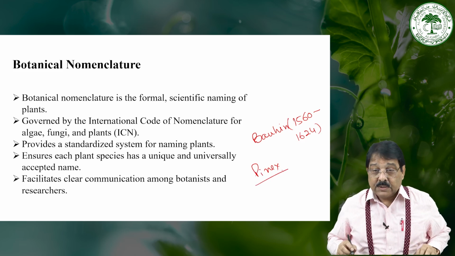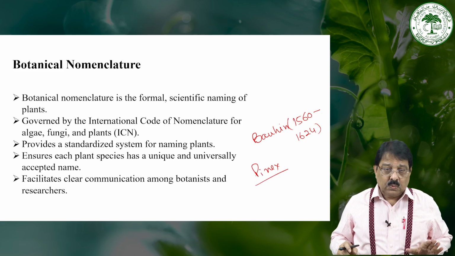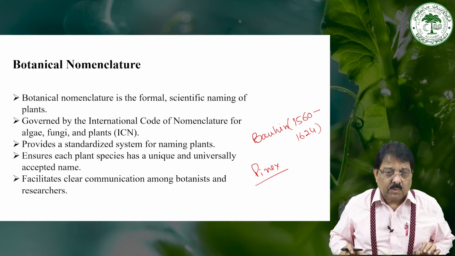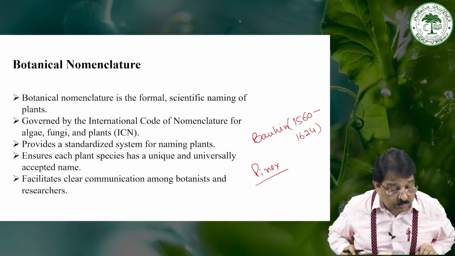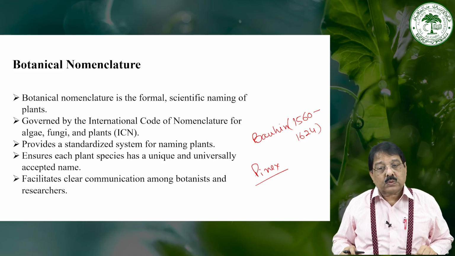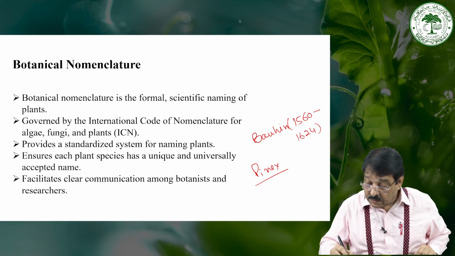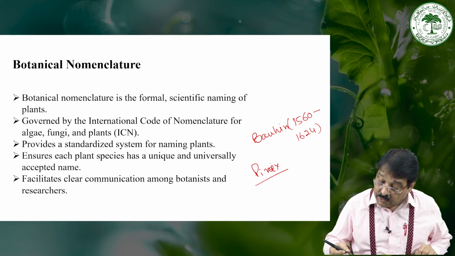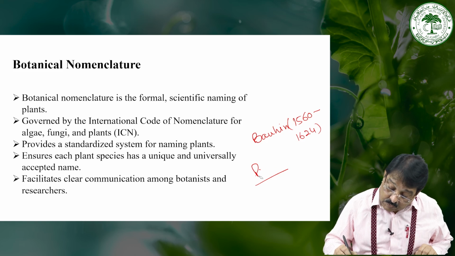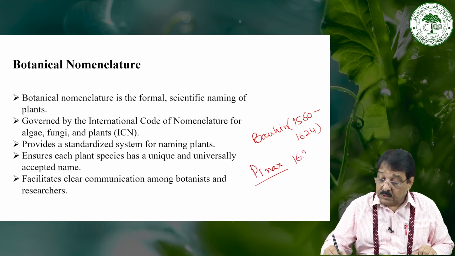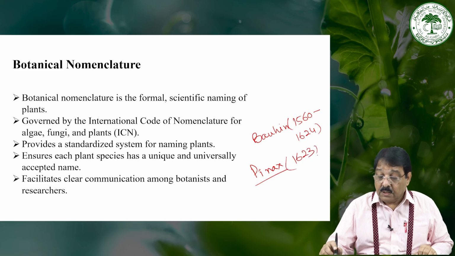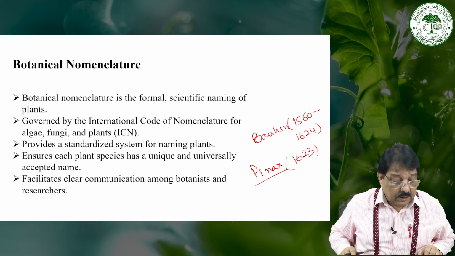In Pinax, he used two words for about 6,000 plants, but he was also lacking the concept of genus and species. The Pinax was published in 1623.